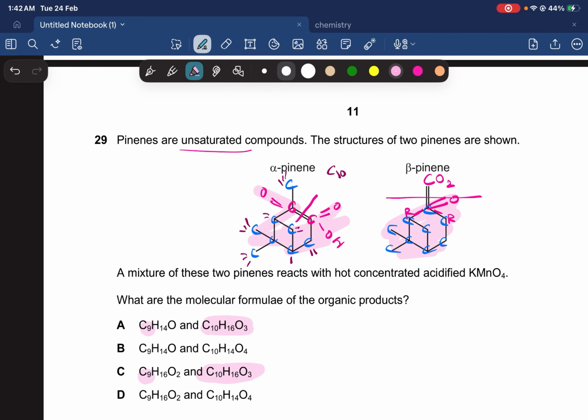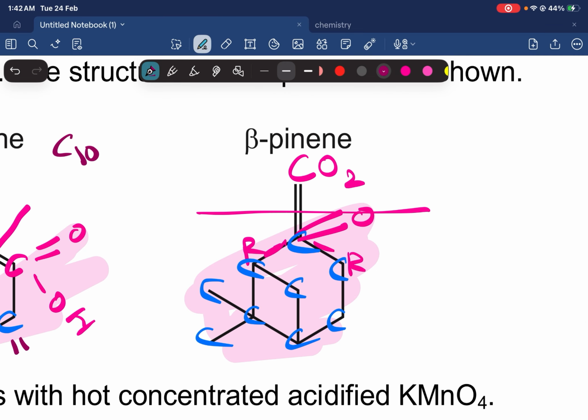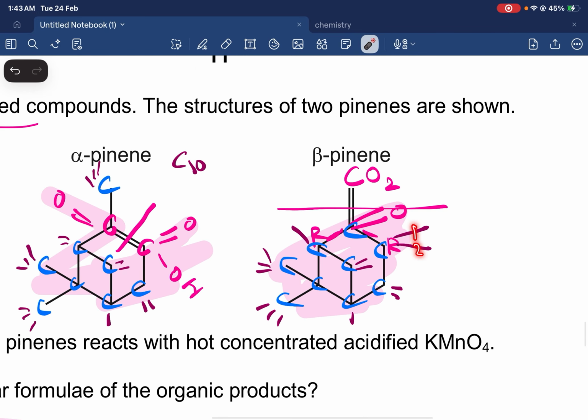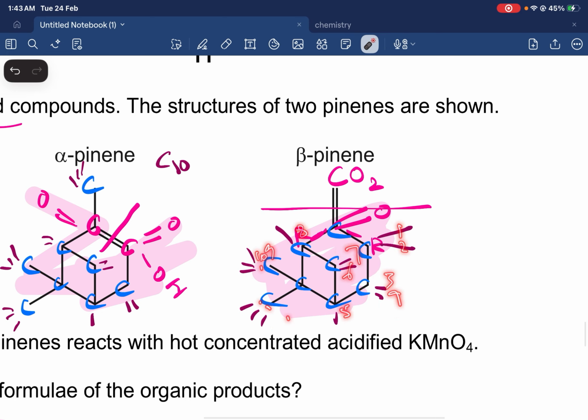Okay. Calculating hydrogens here. If I just start counting them, 1, 2, 3, 4, 5, 6, 7, 8, 9, 10, 11, 12, 13, 14, H14.